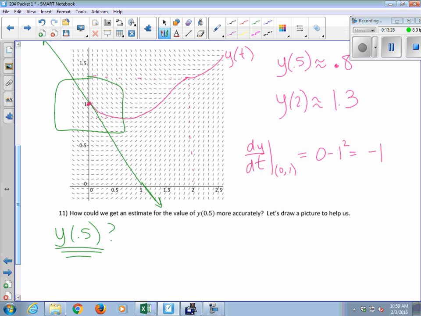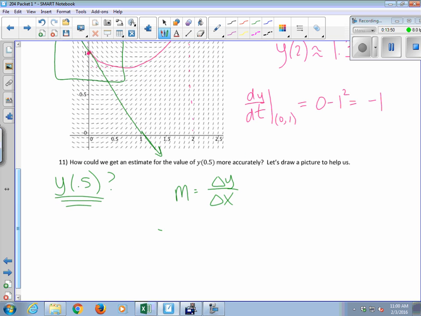So I could say, well, my slope is always change in y over change in x. And my change in x that I'm interested in is 0.5, because I want to know what y of 0.5 is, and I know what y of 0 is. So my change in x is going to be 0.5. And my slope of my tangent line, I know, is negative 1.